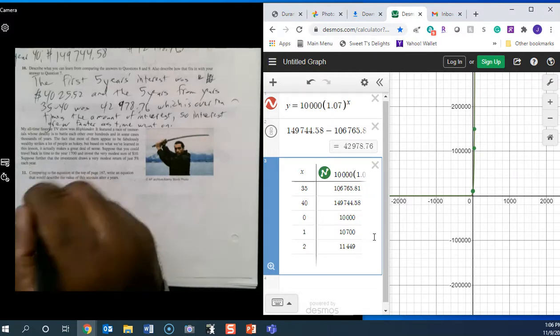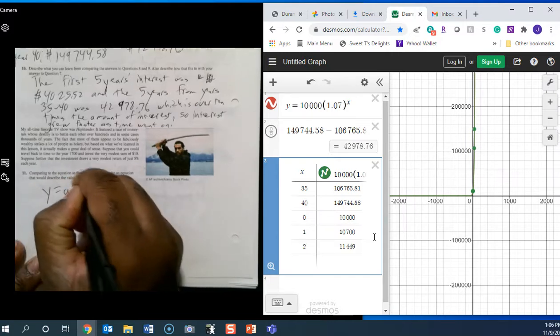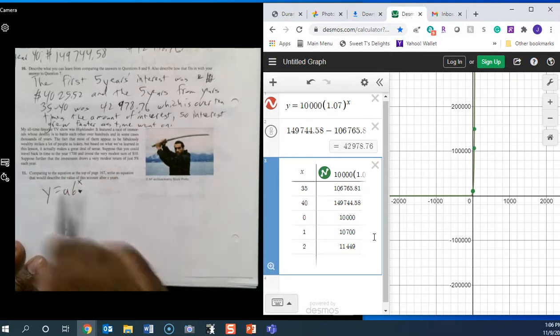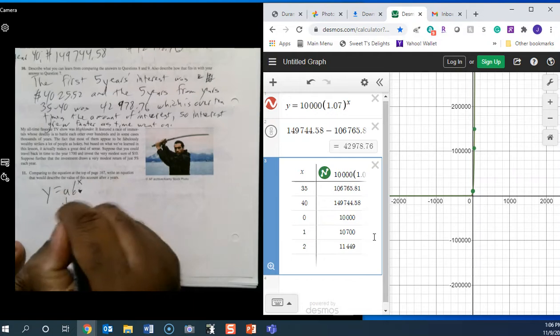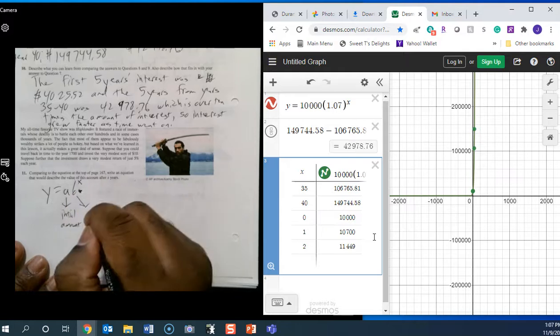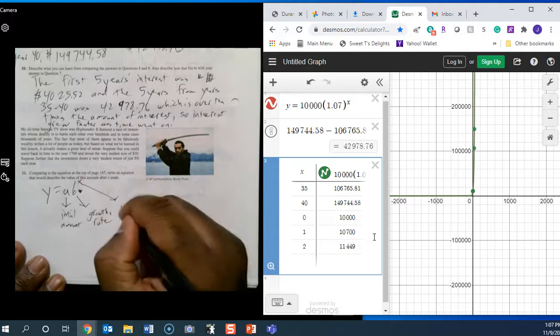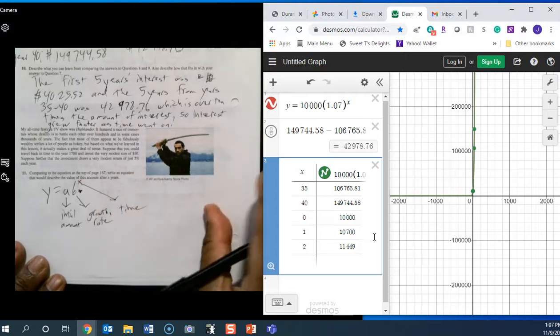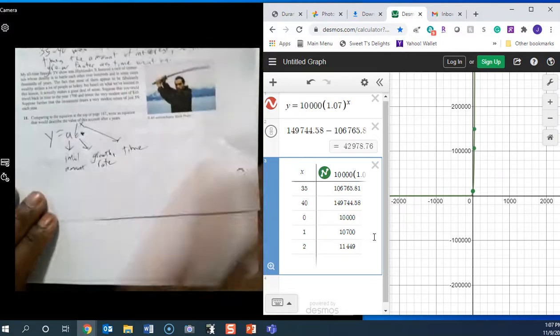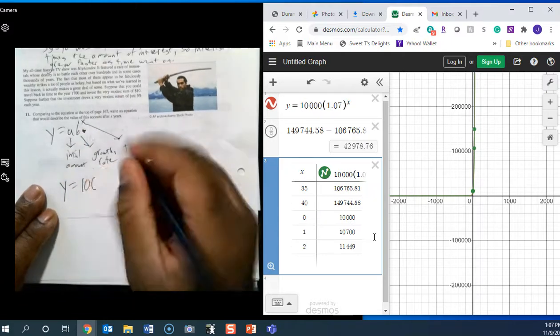So basically it goes like this. The formula we use is y equals A B to the X power. A is the initial amount, B is the growth rate, and X is the time. All right, so we just need to substitute. A is the initial amount. We said it was $10.